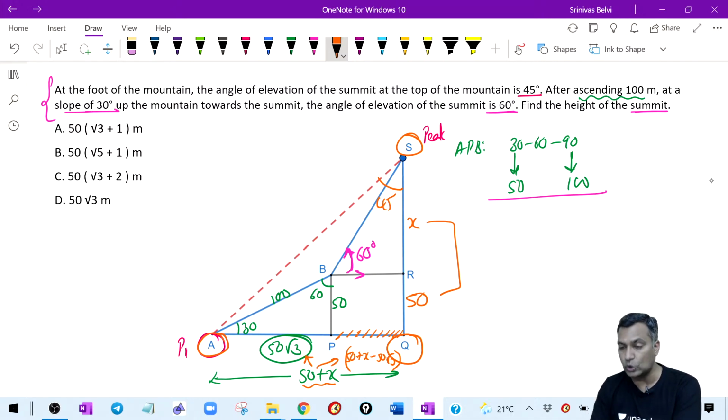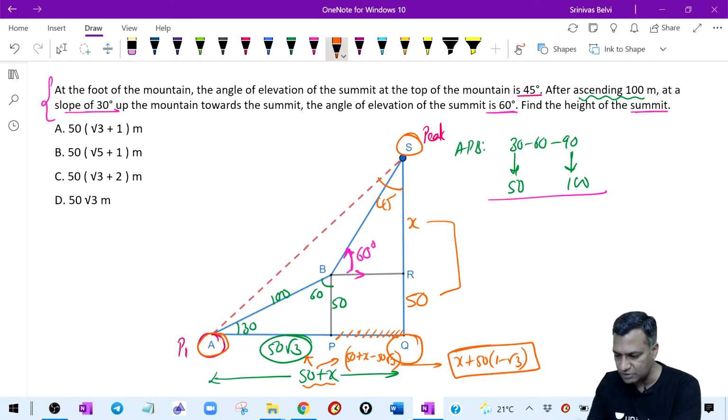Upon simplification, you may find this as 50 times (1 minus root 3) plus X.